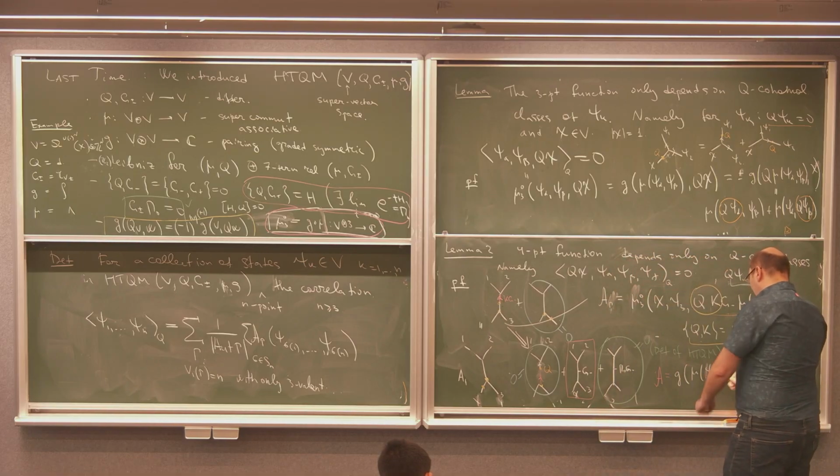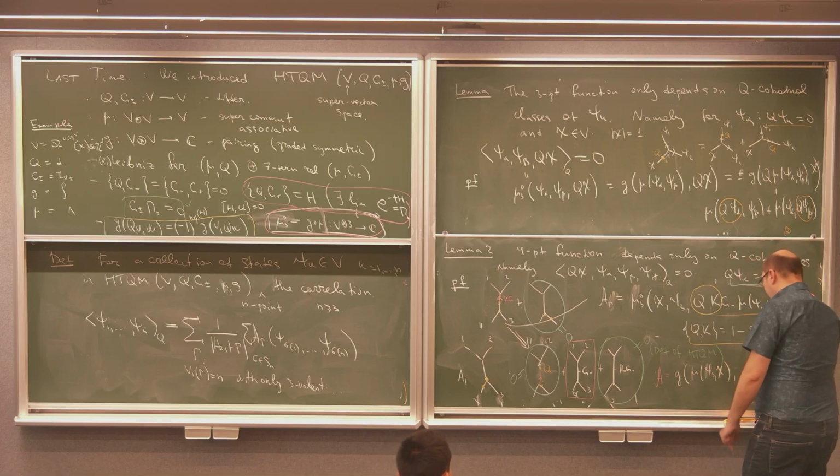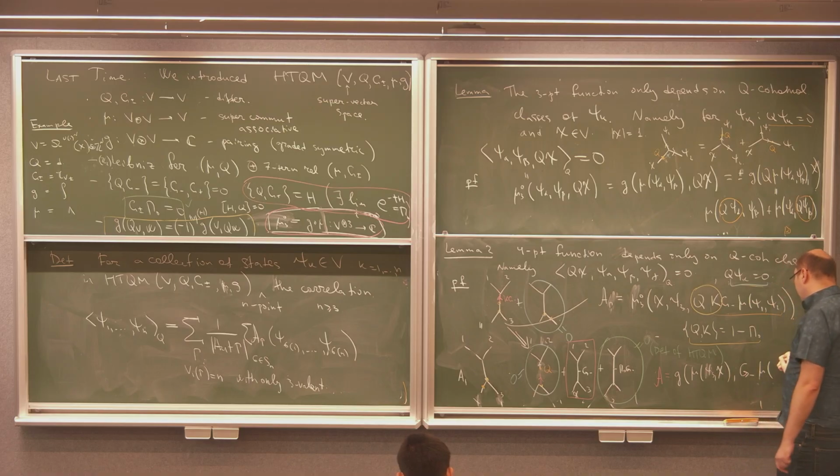Here we multiply these two states and substitute the result as the first argument in the pairing, and for the second argument of the pairing, we apply G minus to this product of psi 1 and psi 2. And this thing is in general non-zero.